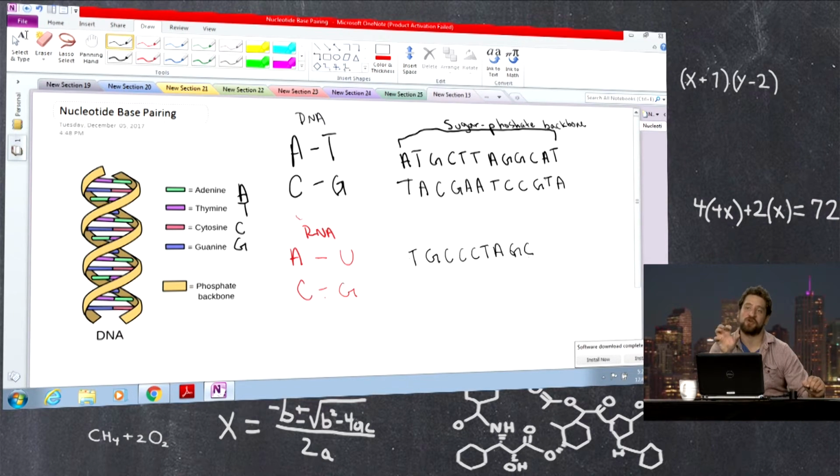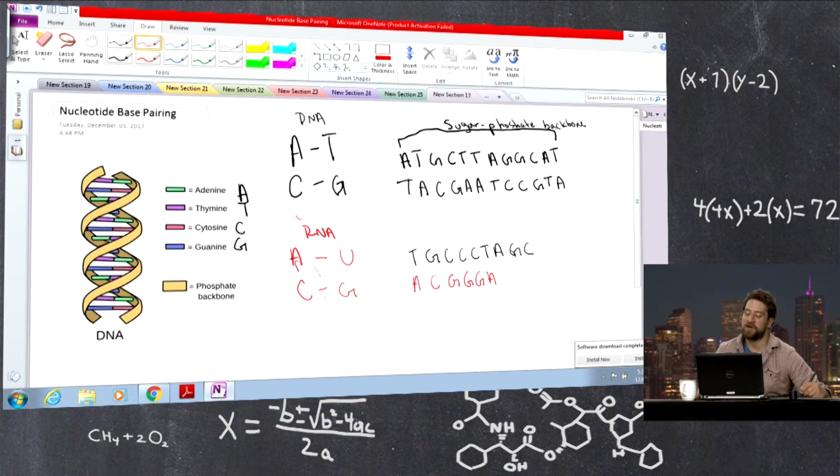If this strand of DNA was transcribed into a section of RNA, then we would get this section of RNA transcribed. So it would be, pairing with the T would be an A, pairing with the G would be a C, the C pairs with guanine, guanine, guanine. So it's really the same system as building a complementary strand of DNA.